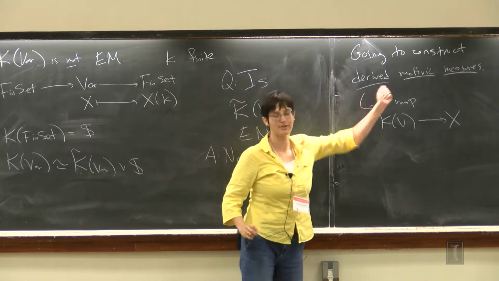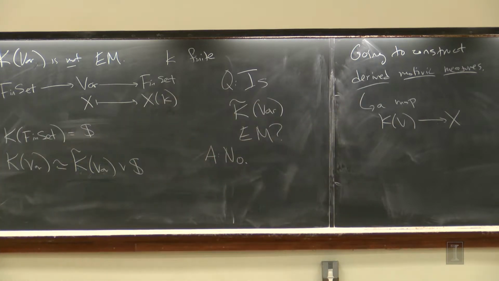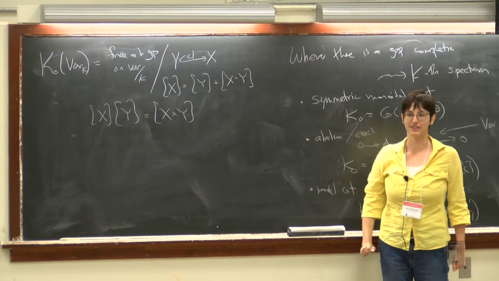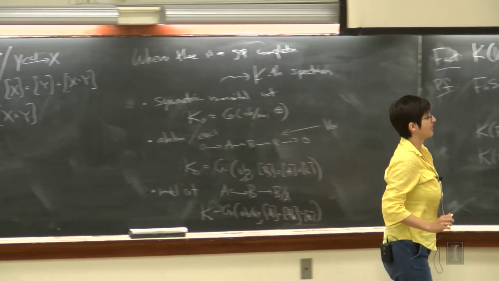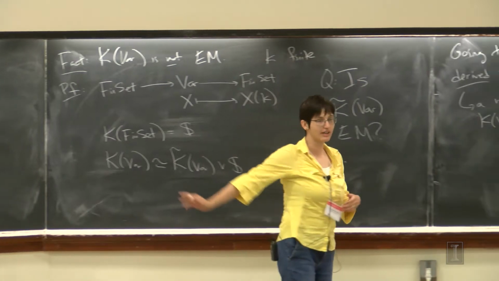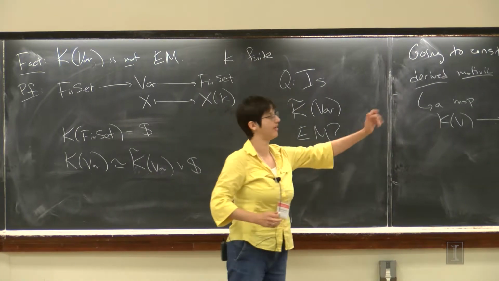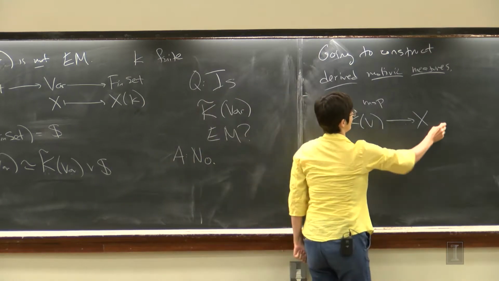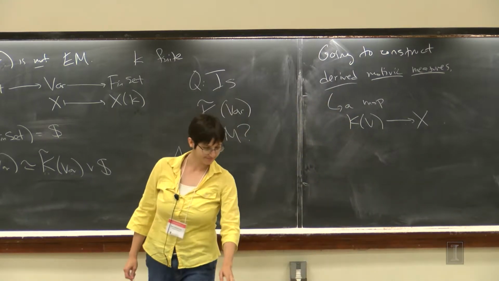If you have a motivic measure, that's a group homomorphism out of the Grothendieck group of varieties to some abelian group. If it's multiplicative, that means it's a ring map or an E-infinity map, but we're not going to be worrying about those today. So that's all this is under all of the buzzwords.